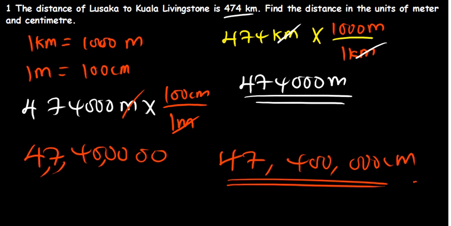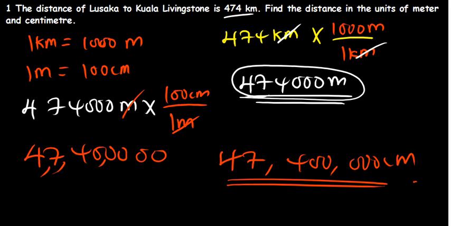That would be now the distance in centimeters. Then this one is 474,000 meters. So we have converted now from kilometers to meters, at the same time from kilometers to centimeters.